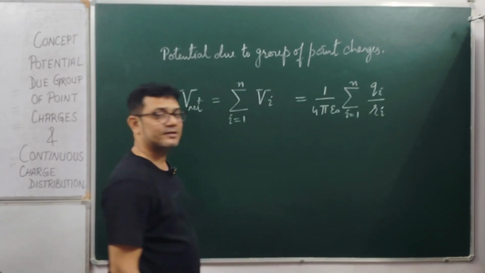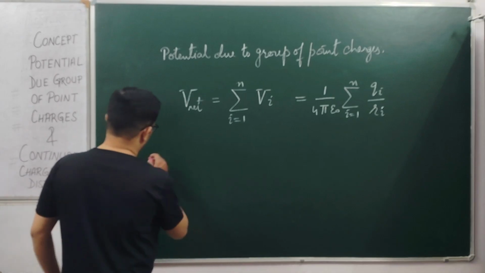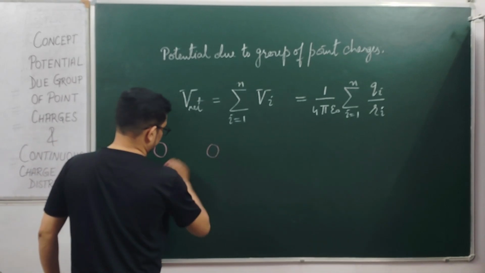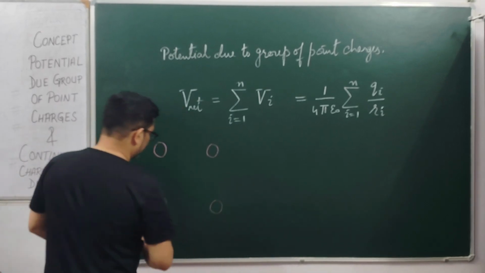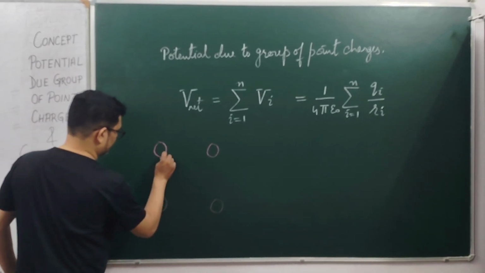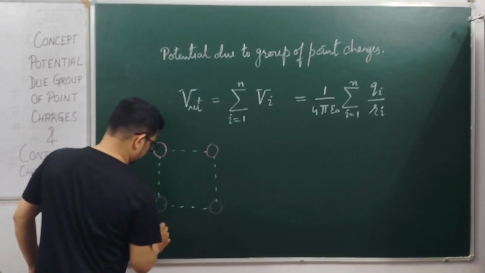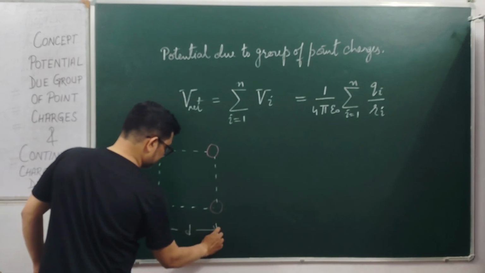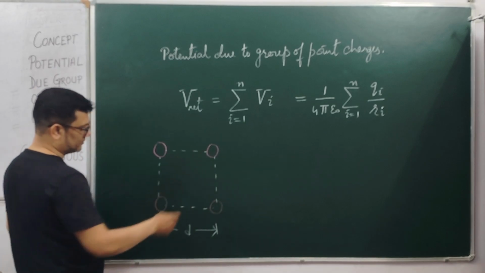So we'll take an example. Suppose we have four charges, one, two, three and four, arranged in the form of a square. Suppose the distance between the charges is d, the four corners of a square.